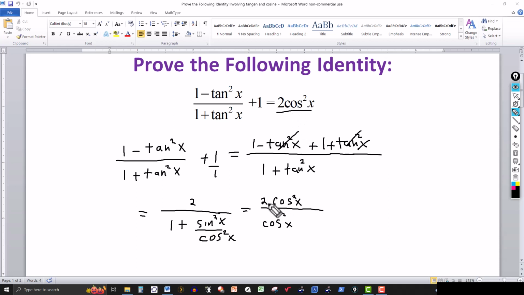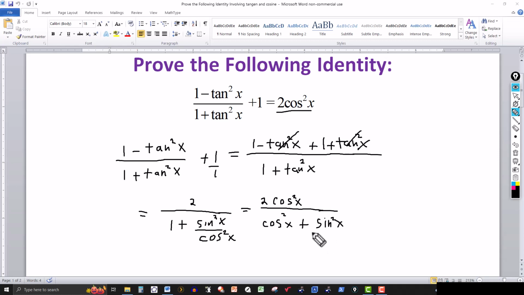We already have the 2 cosine squared here. Then in the denominator, the 1 times the cosine squared is cosine squared, and then when I multiply the sine squared x over cosine squared x by cosine squared, the cosine squared cancels, and that leaves me with sine squared of x. And this is where you have to recognize your identities.